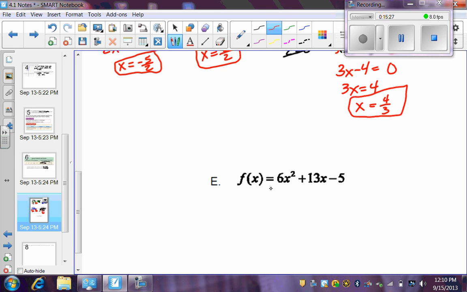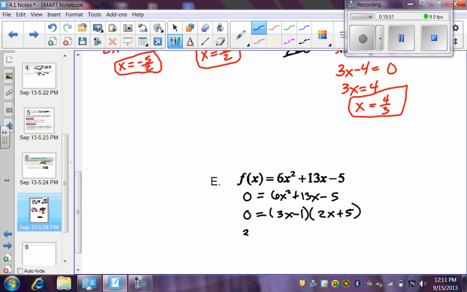Last one, f of x equals 6x squared plus 13x minus 5. So we have 0 equals 6x squared plus 13x minus 5. Factor this, so that's going to factor to 0 equals (3x minus 1)(2x plus 5).